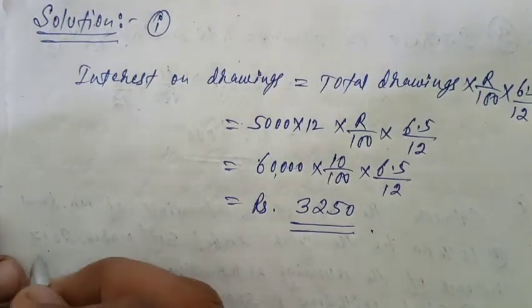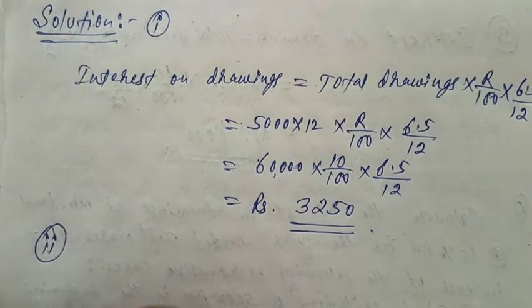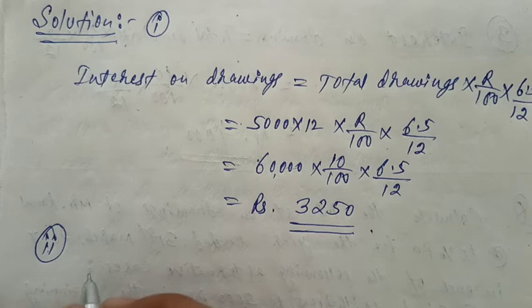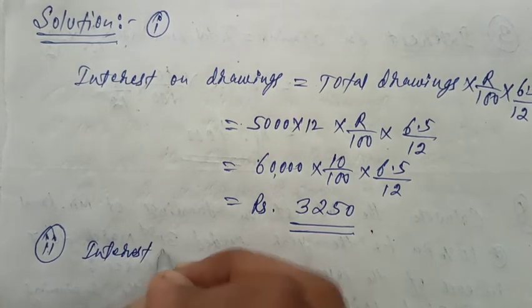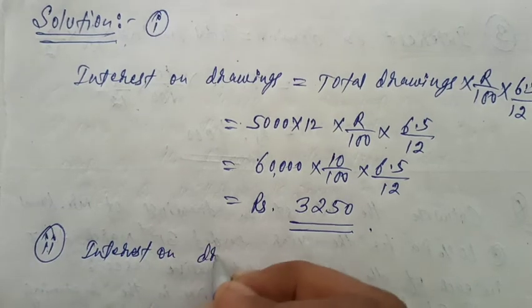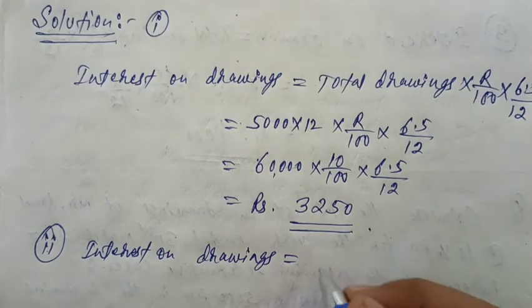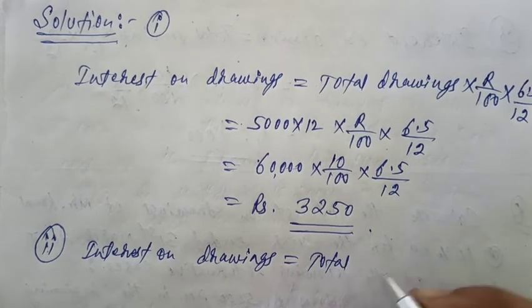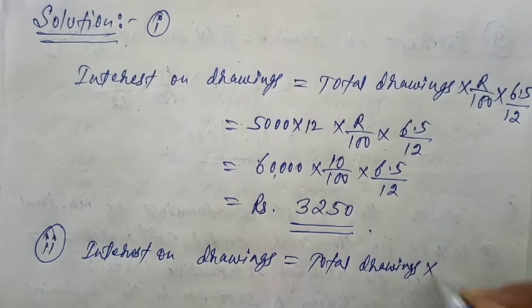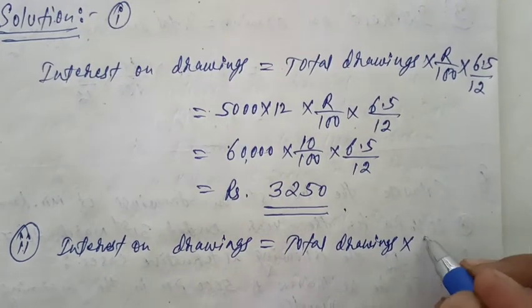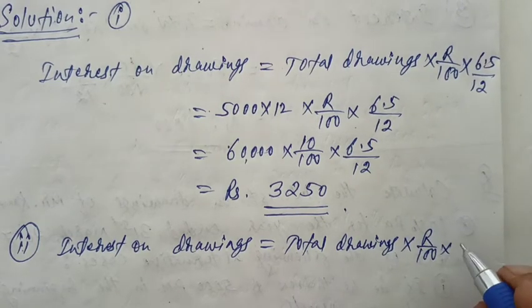Again we'll start the next point. Point number 2, here it is given, if you withdraw 5,000 per month at the end of every month. If it is at the end of every month, we have to remember the average period, which is 5.5. First of all we'll calculate interest on drawing, same formula: total drawings into rate divided by 100 into 5.5.